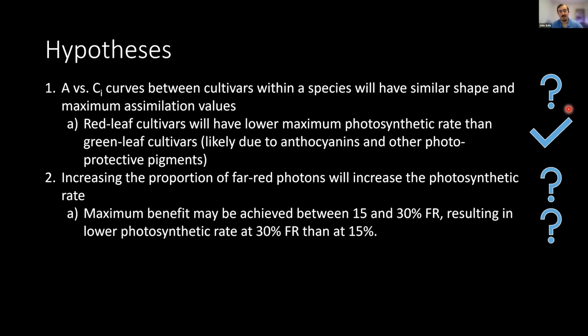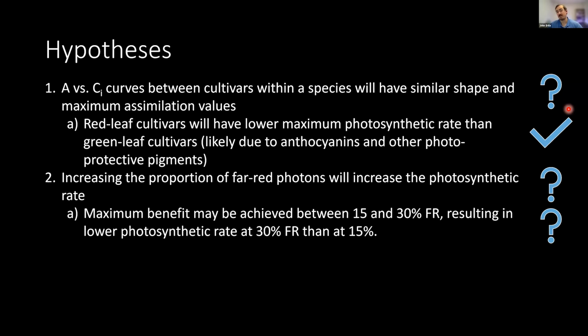And we also thought that the maximum benefit of far red would be between 15 and 30%, meaning that we would see maybe a lower photosynthetic rate at 30% far red than at 15%. But we actually didn't see that. I think that was true in one of the cases for one cultivar, but in most cases, that response was not as anticipated.